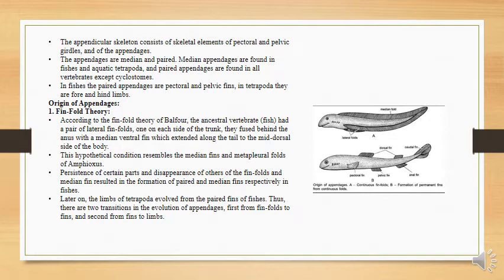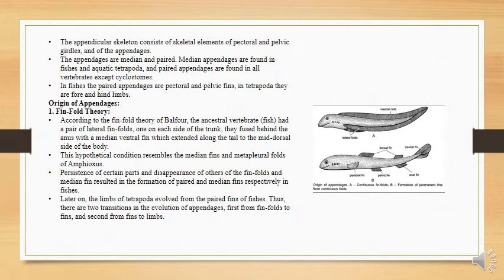Now, origin of appendages. First of all, we discuss fin fold theory. According to the fin fold theory of Balfour, the ancestral vertebrate, that is fish, had a pair of lateral fin folds, one on each side of the trunk. They fuse behind the anus with a median ventral fin which extended along the tail to the mid dorsal side of the body.